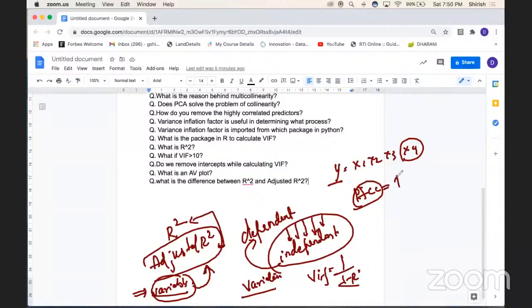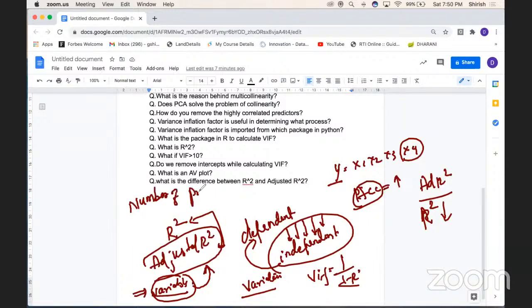If that accuracy increases more than what you would have expected by chance, then your adjusted R square value would increase. Again, your adjusted R square would decrease if your newly added variable contributes little. So what does it mean? Adjusted R square is nothing but a modified version of R square that has been adjusted for the number of predictors in the model.